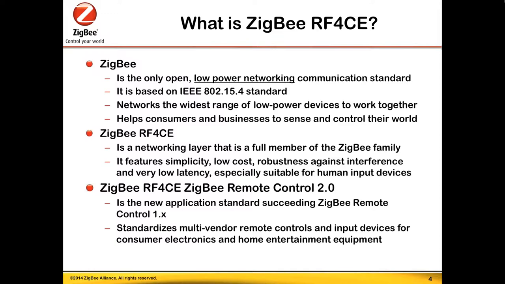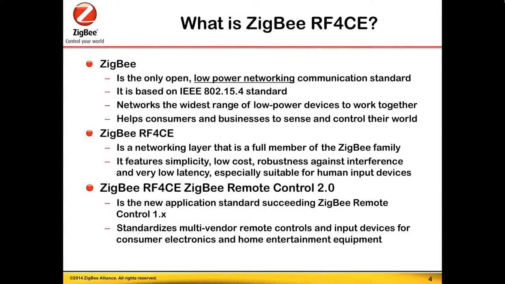In this introduction, I'm going to give some background on what ZigBee RF4CE is doing, and then later in the presentation you will hear more about some details that are introduced with what we call ZRC 2.0. So what is ZigBee? ZigBee is an open, low-power networking communication standard.